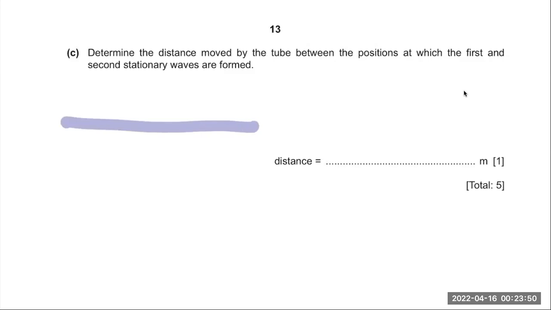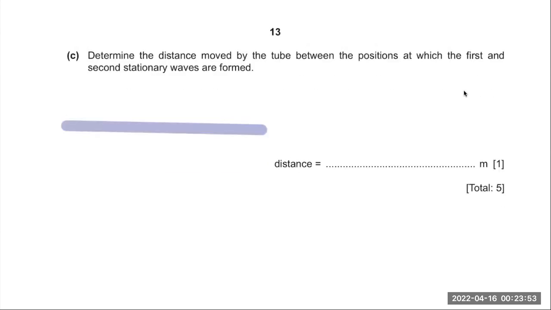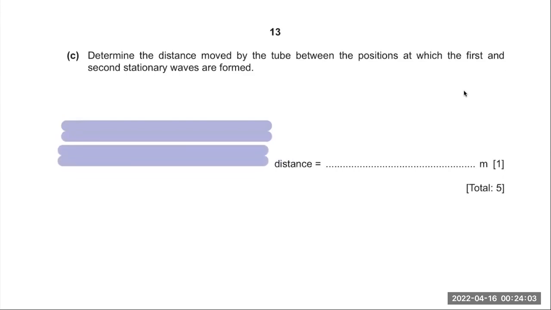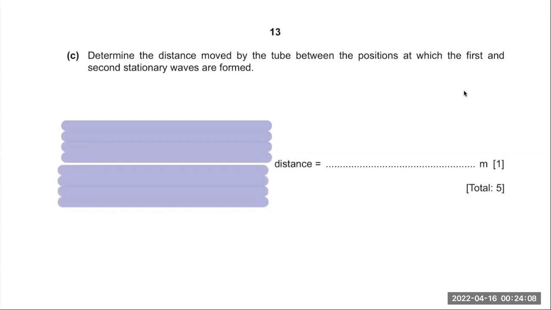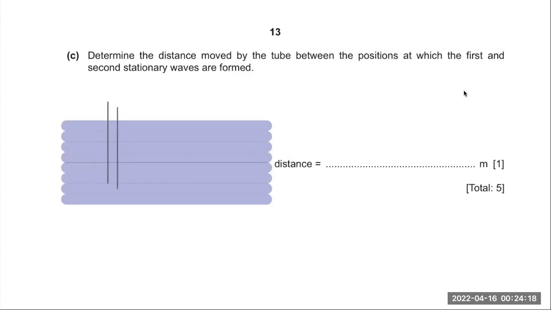This here is our water surface, and this is the first loud sound. For the first loud sound, as we discussed earlier, there's a node here, an antinode here, you get quarter of a wavelength.